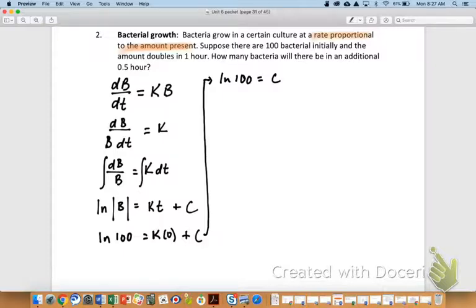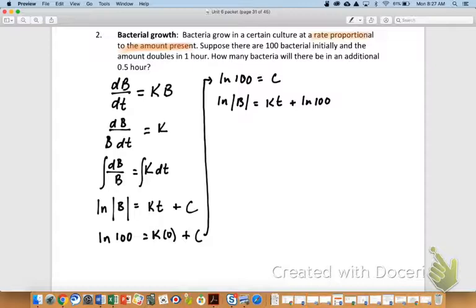I've got ln of absolute value of b equals kt plus natural log of 100. What do y'all think? So if you wanted to, you could approximate that natural log of 100 with a decimal. Just be careful that you don't round too early. Rounding too early will always make you be off by quite a bit.